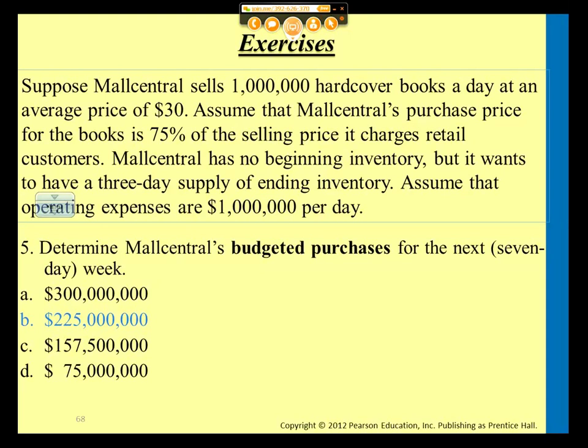Okay, so we calculate multiplied by 75, we get 500,000. That's our budgeted cost of goods sold, right? So what is next? We got that number. What are we going to do next?